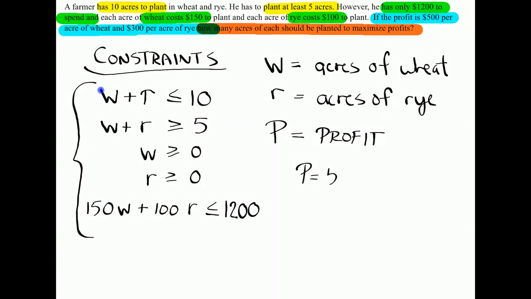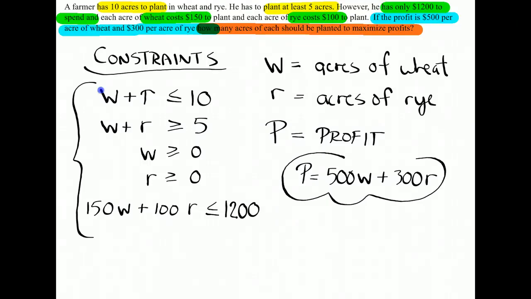So that's going to be 500 times W. Okay, and then you also have to account for his rye, which he gets $300 for every acre of rye. This is probably totally inaccurate for any farmers out there, but you know how the math book goes. So there is our objective function. We're going to use that to maximize the profit.